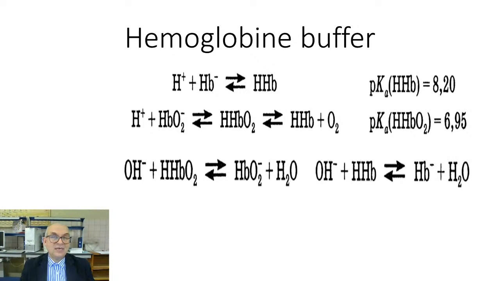And the last information about hemoglobin buffer. Hemoglobin buffer. Later in the coordination compounds, we will consider hemoglobin molecule again. But now we can say that hemoglobin protein is needed for transfer of oxygen from lungs to tissue.